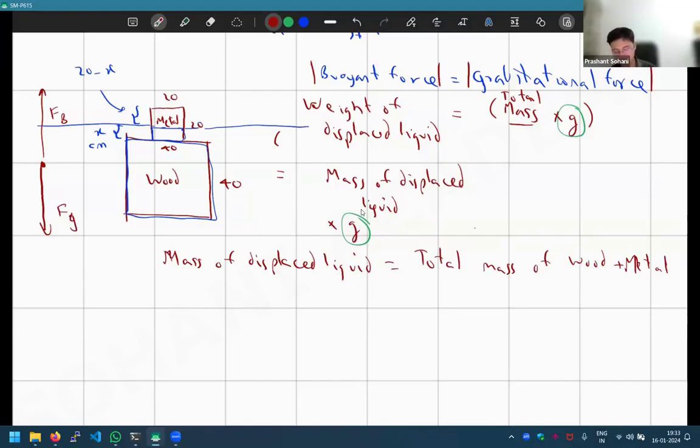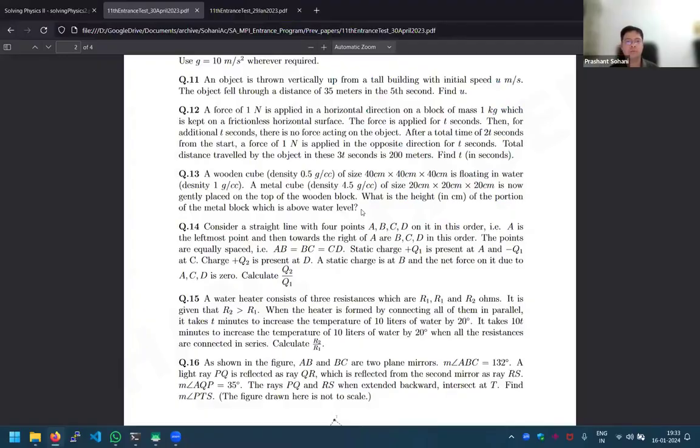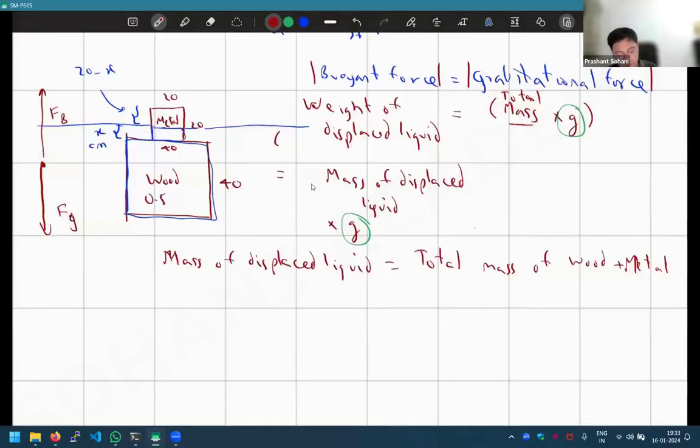So now we just have to compute the left hand side and the right hand side, and that will give us the equation. On the right hand side, I just need to calculate the total mass, and for that I have everything, right? I know the volume of both the cubes and the density of both the cubes. The wooden cube is given with density 0.5 grams per cc, and the metal cube with 4.5 grams per cc. So let us compute the RHS first.